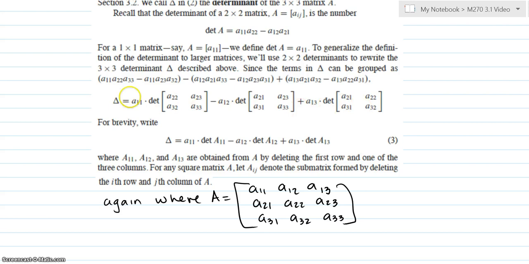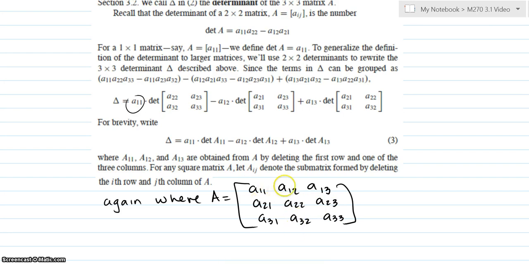There's an easy way of, the reason they wrote it like this is because if you look at the first row, that's where these are coming from. It's a plus, minus, plus on the first row. And if you cross these out, notice how this is the determinant. Right, we're taking the determinant of the remaining columns.